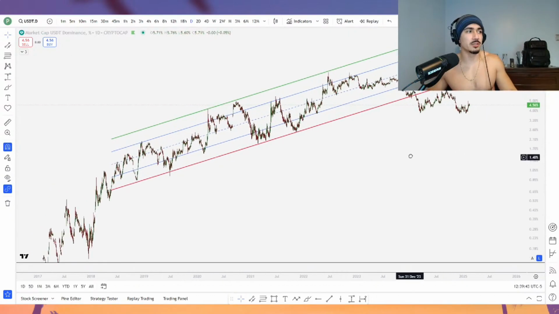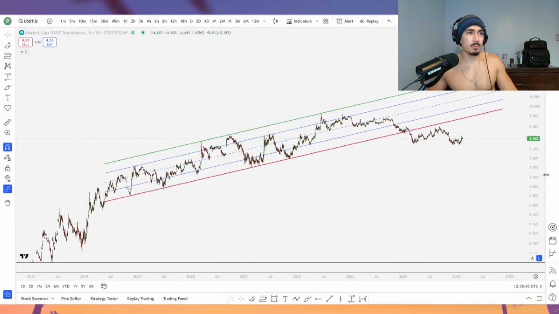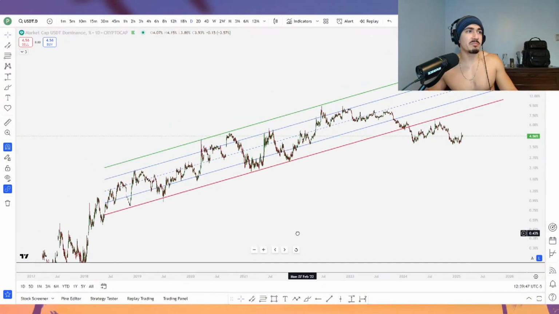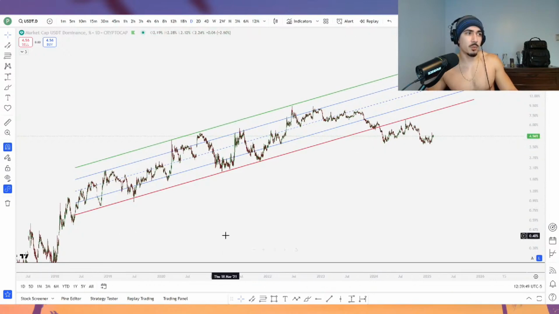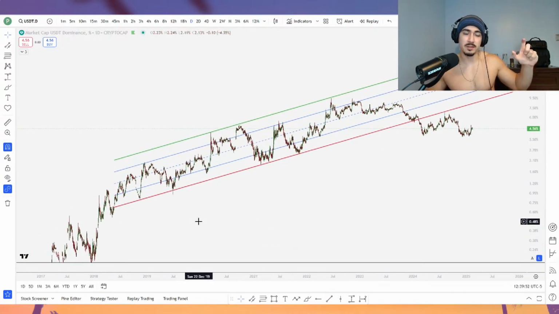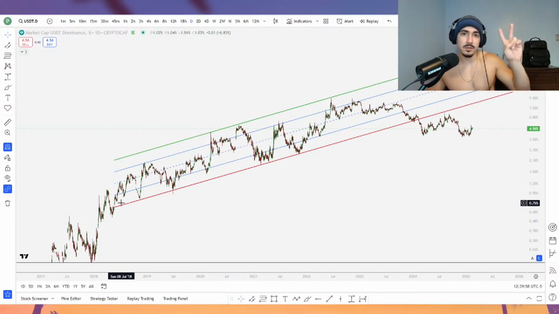Here's a very interesting point of confluence on this. So we've been in this upward channel of this Tether dominance slowly increasing since the end of 2 cycles ago, the end of the bull run in 2017 to 2018. Okay.